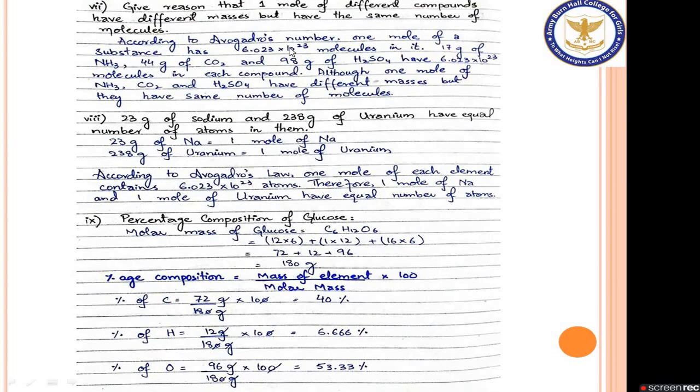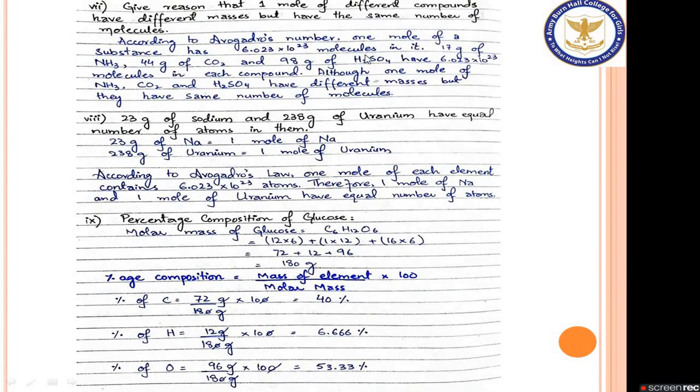The next one we have is part 7. Give reasons that 1 mole of different compounds have different masses but have the same number of molecules. We have discussed this in detail in Avogadro's number. 1 mole of the substance has 6.023 into 10 raised to power 23 molecules in it.